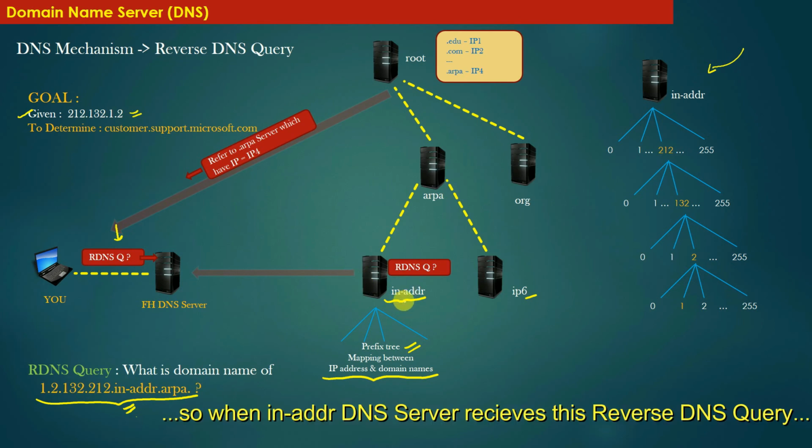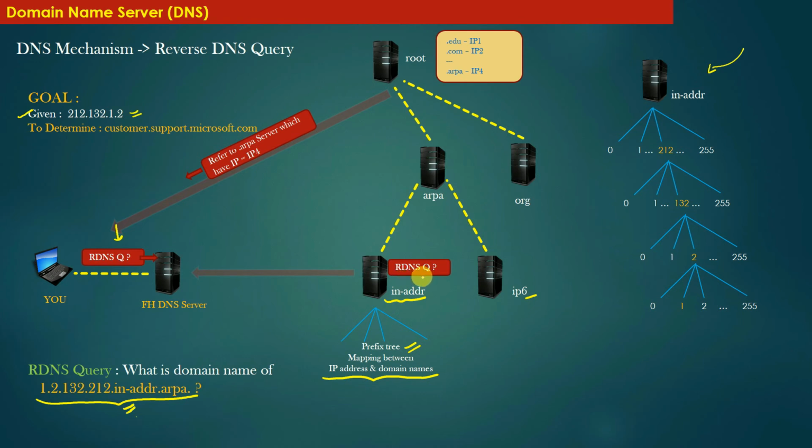So when this in-addr DNS server receives this reverse DNS query, it parses the IP address specified in the reverse DNS query in exactly the opposite order. The first octet of the IP address is 212. After that it will parse 132, after that 2, and then followed by 1.